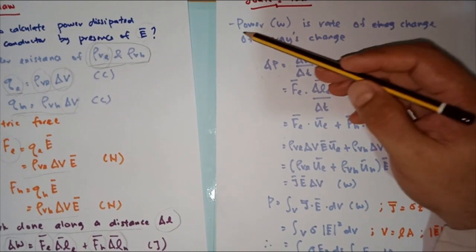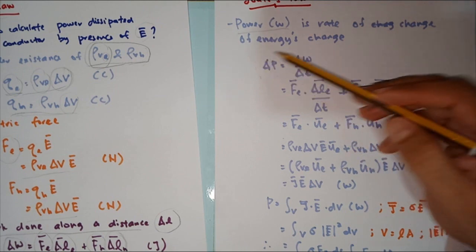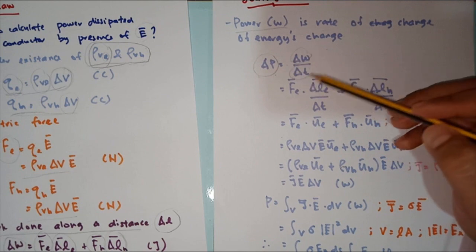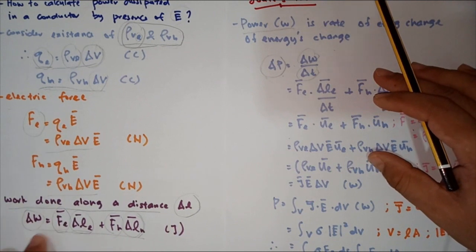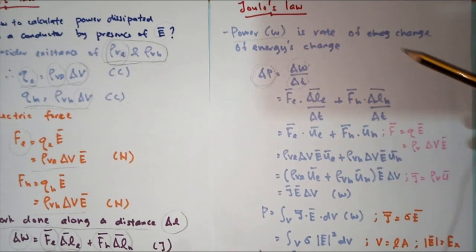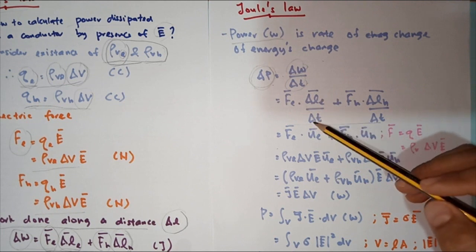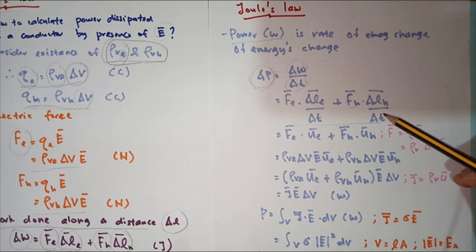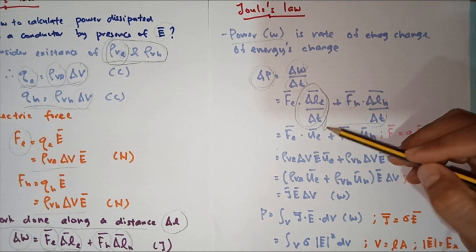Alright, in order to calculate the power, the definition of power is the rate of change of energy. So delta P is equal to delta W divided by delta T. Considering the equation for the work done that has been derived just now, delta P can be calculated using this formula: Fe dot delta Le divided by delta T plus Fh dot delta Lh divided by delta T. This expression can be turned into a velocity.